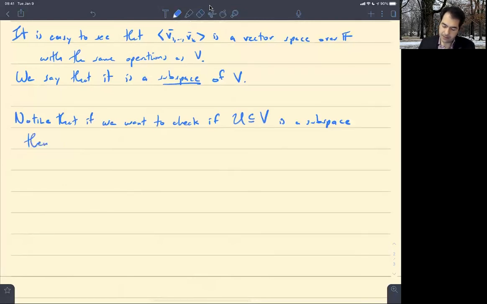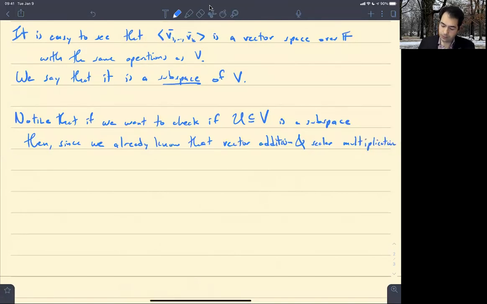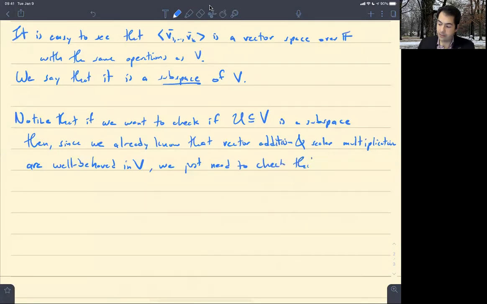Then, since we already know that vector addition and scalar multiplication are well behaved in V, we just need to check that they, let's say, respect U.